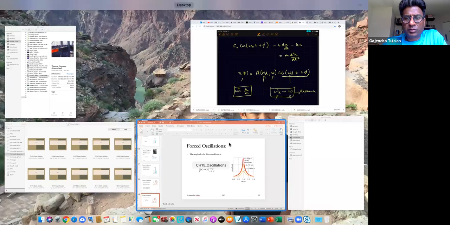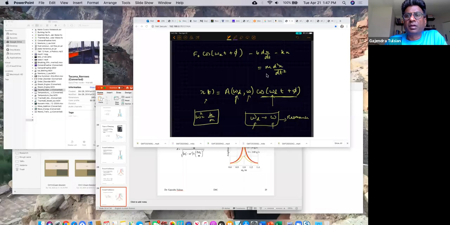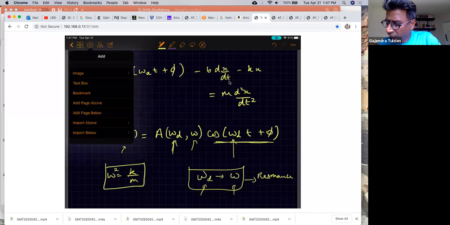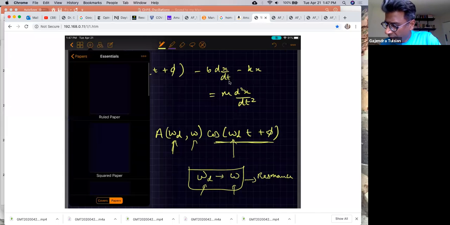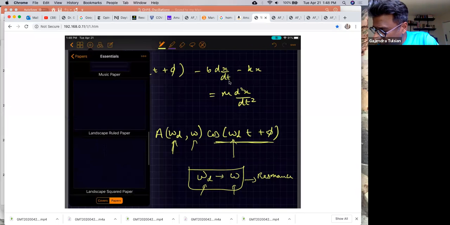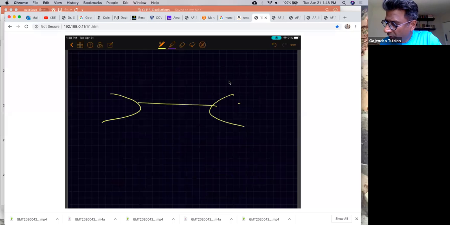So what you saw was the driving frequency at work. Let's go back here. Here's a top view of this. This is land, and this is the bridge.